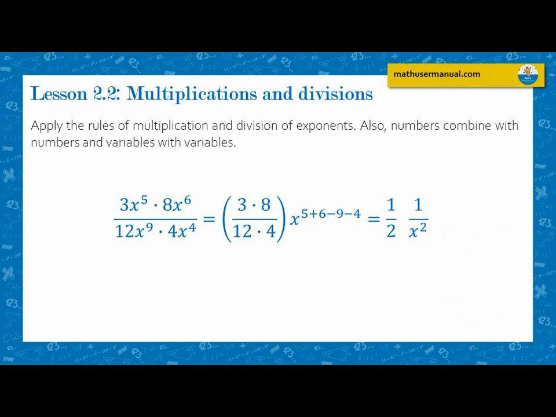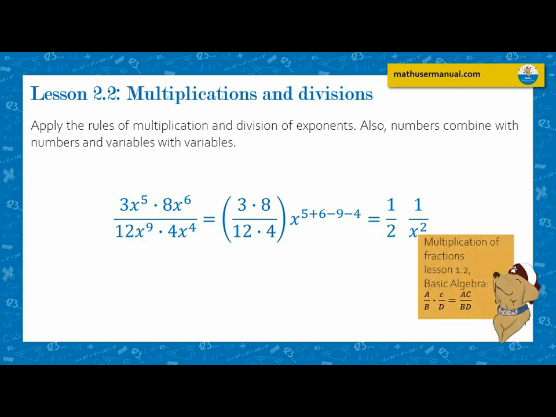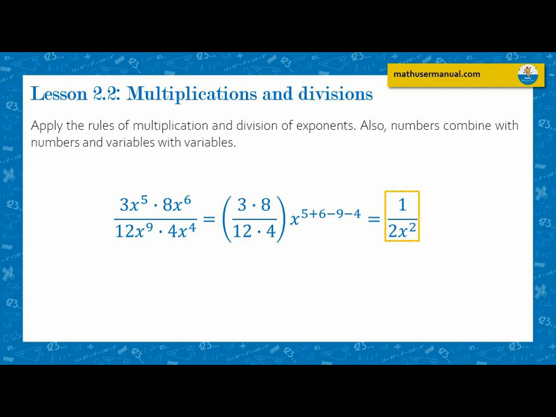And we can still simplify because we have two fractions right there multiplying each other. And we learned how to do multiplication of fractions in lesson 1.2 of Basic Algebra. We just multiply horizontally, so 1 times 1 in the numerator and 2 times x squared in the denominator, leaving us with 1 over 2x squared, and this is the final answer.